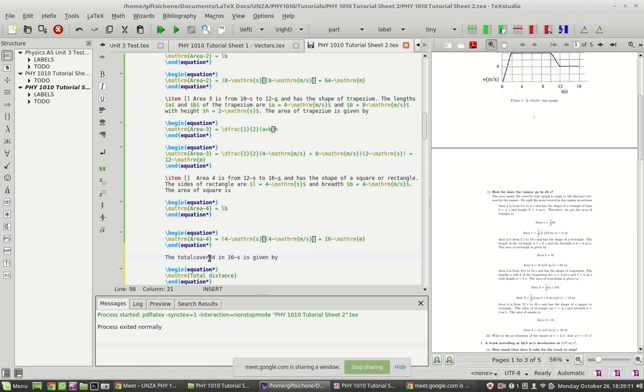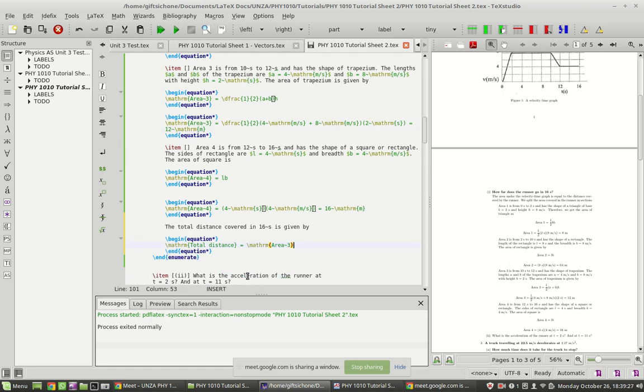The total distance covered in 16 seconds is equal to area 1 plus area 2 plus area 3 plus area 4.